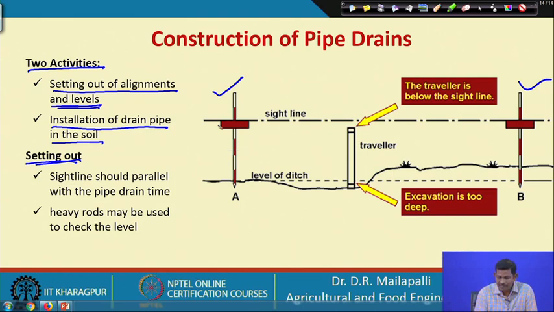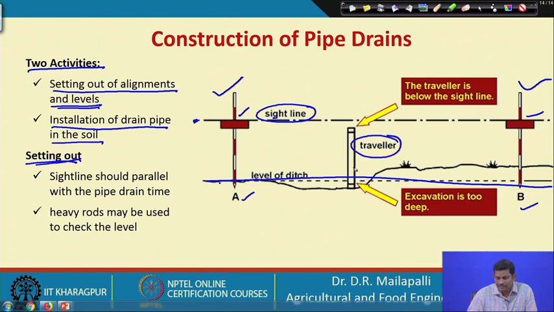Initially, these two ranging rods are installed in the ground, okay, and then there is a sight line, based on the particular slope. These two points are fixed, and then there is the traveler: one person will hold this rod, and from A to B he will be walking through and setting up here.